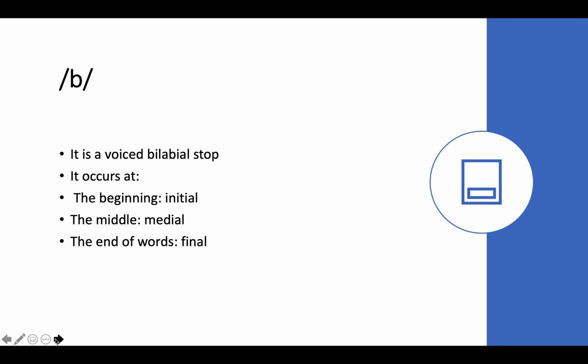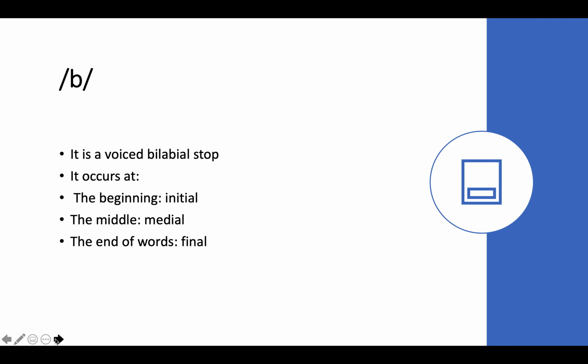So now we have the phoneme b. The second plosive or the second stop is the phoneme b. The phoneme b is a voiced, bilabial, and stop consonant. Again, the phoneme b is a voiced consonant in terms of voicing.